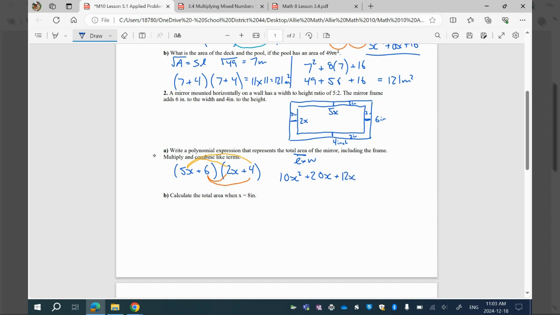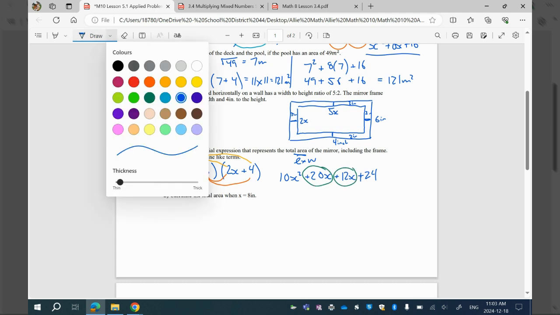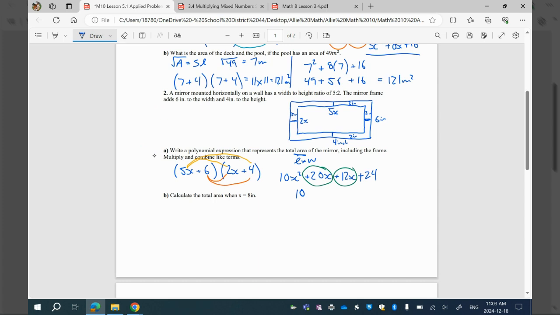And our last term, 6 times 4 is plus 24. And now we're going to combine those like terms right there. So we end up with 10x squared, 20 plus 12 is 32x, and we got the 24, no other like terms.